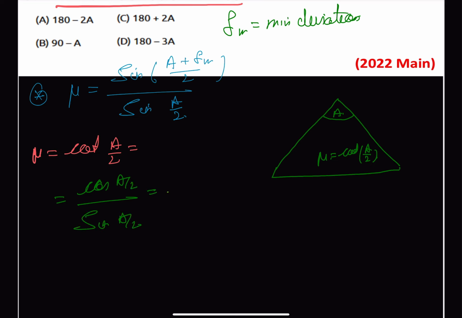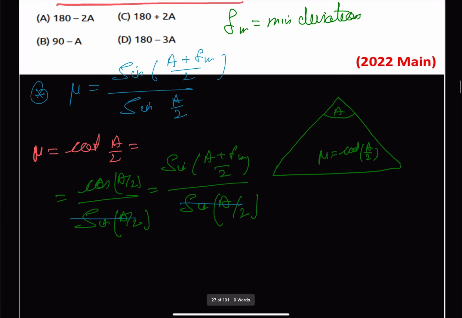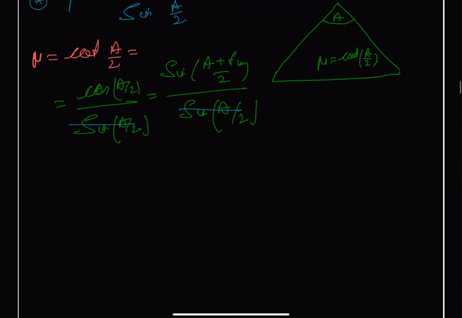This is equal to sine of (A plus delta m) divided by 2, and here we have sine of A by 2, and this sine A by 2 cancels out, so we get sine of (A plus delta m) divided by 2 is equal to cos of A by 2.